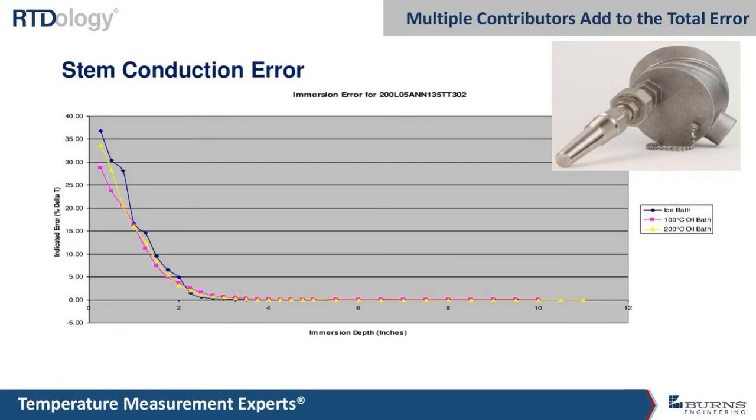This graph does apply to most things that are some of the lighter liquids like water and fuels like gasoline or diesel. So this is pretty accurate, and that 4.5 inch immersion usually works pretty well to minimize stem conduction.